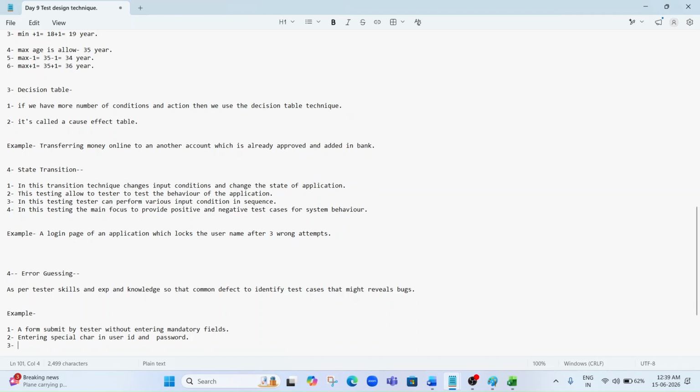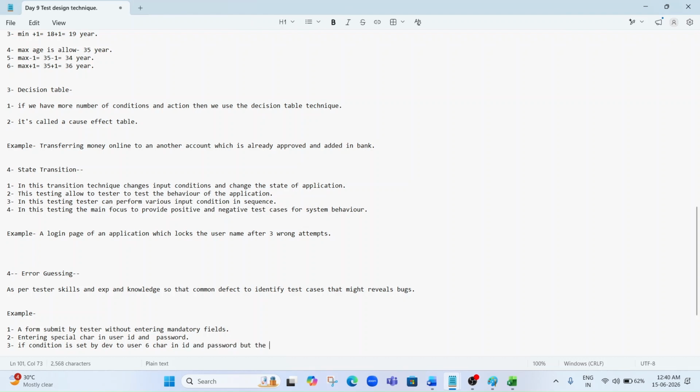Okay, so third is using a very large input value. Like if there is a condition to use six characters in the password field, the condition is set by the dev to use six characters in ID and password.